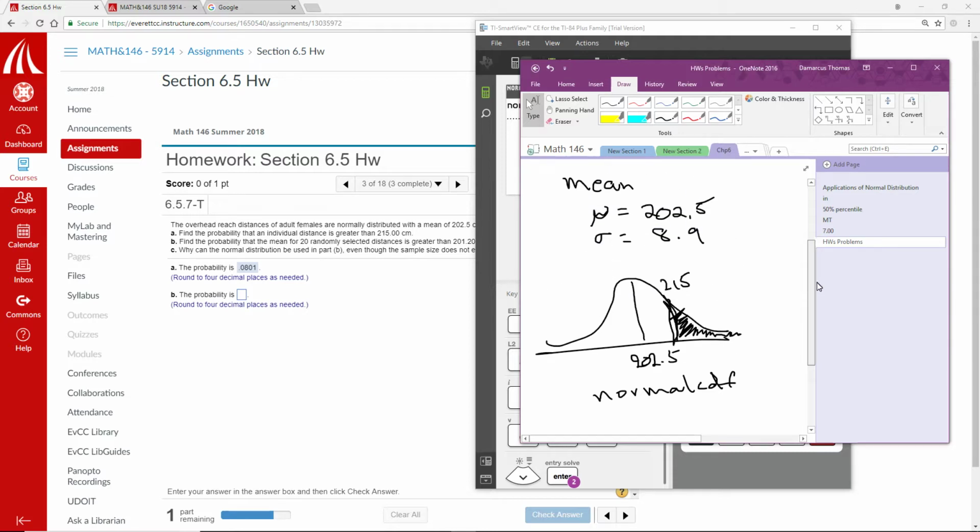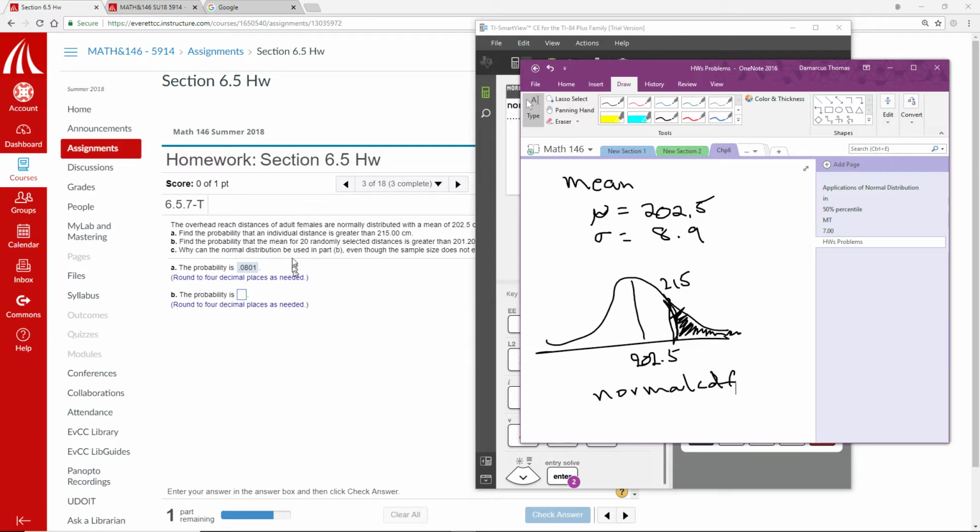Now, we already know this is the normal distribution for the mean of adult females, the overhead reach of adult females. This is what it would look like. On average, adult females can reach 202, so on and so forth.